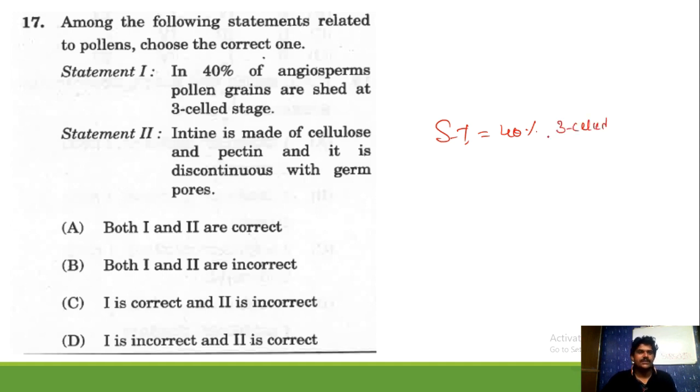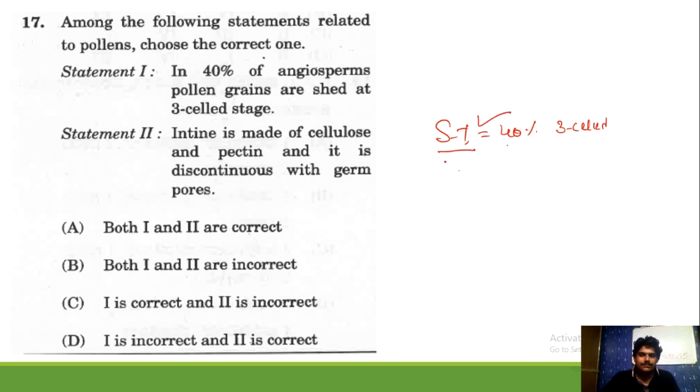This is the correct one, right? What is the question? Among the following statements related to pollen grains, which are true or false? It is directly true or false. Which statement is true, or are both true or both not true? We can select any option from the given options. So the first one is right.